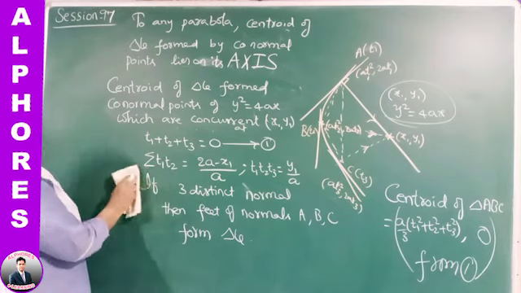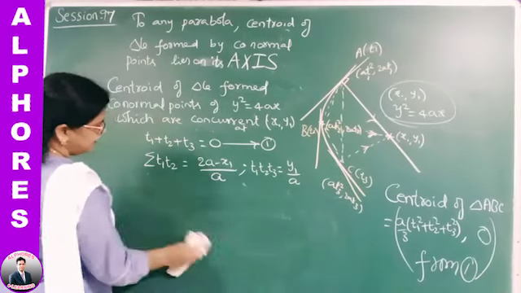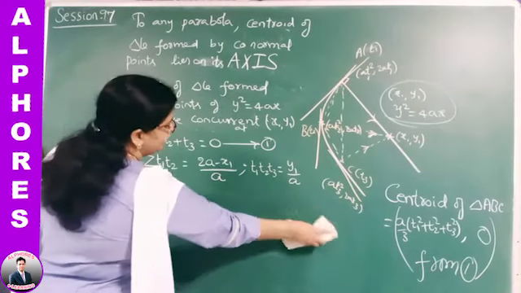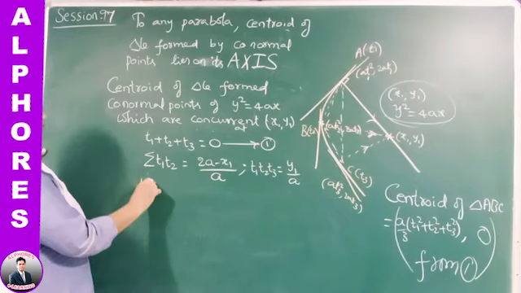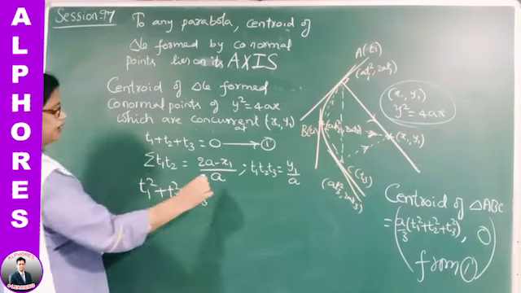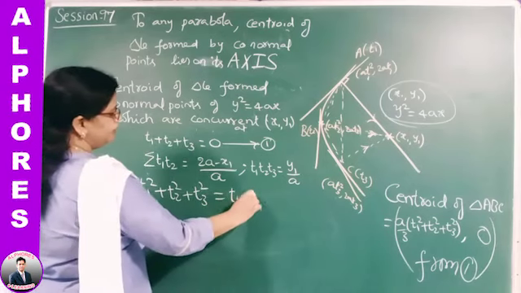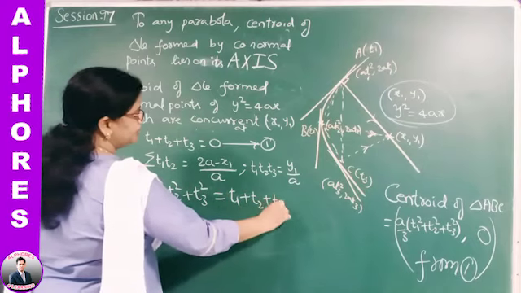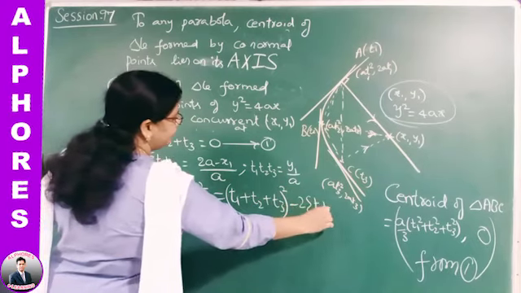Now students, you have these three conditions in hand, and our interest is the abscissa. So I want to write t1 square plus t2 square plus t3 square. Just using algebra: t1 plus t2 plus t3 whole square minus 2 times sigma t1 t2.